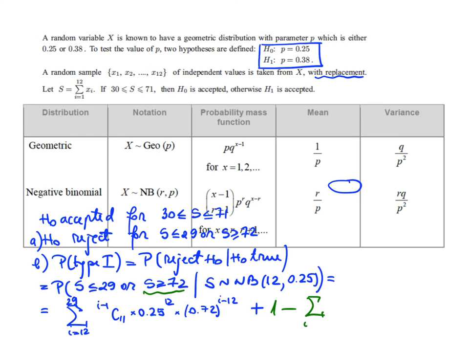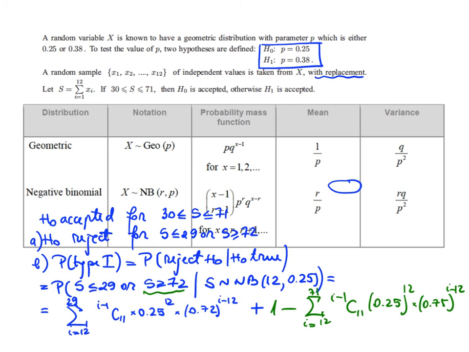So that's going to be the sum of i starts from 12 to 71. Same (i minus 1) combination 11, probability of success to the power of 12, probability of a fail to the power of i minus 12.